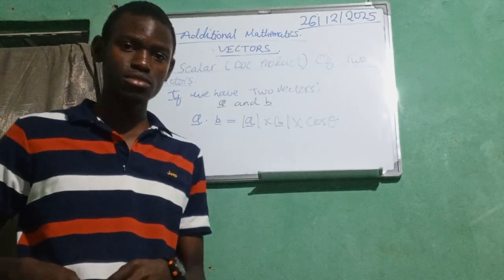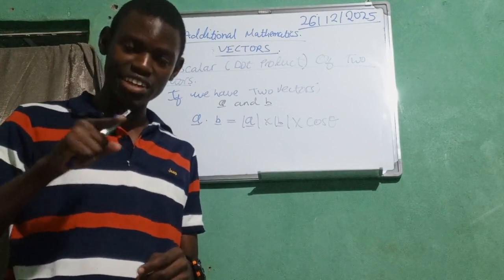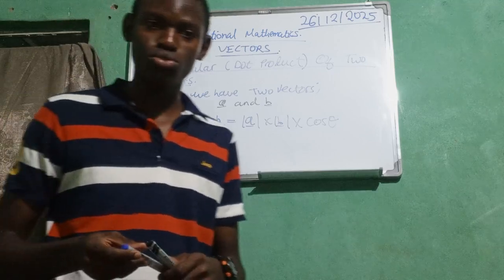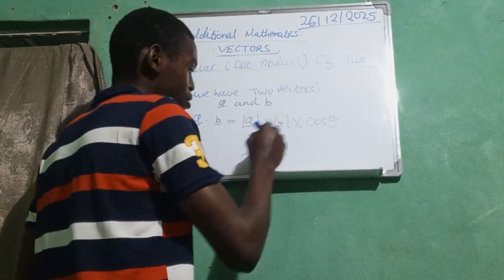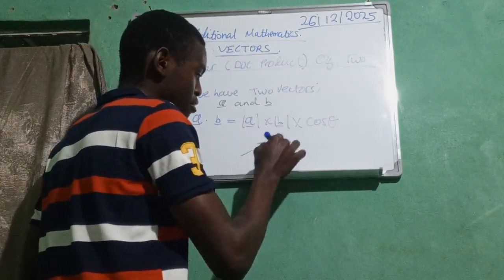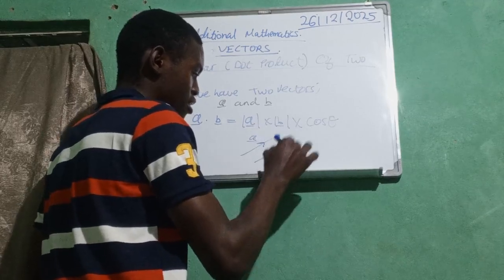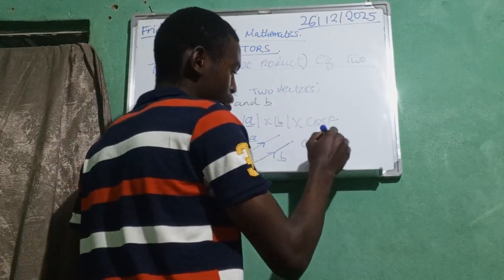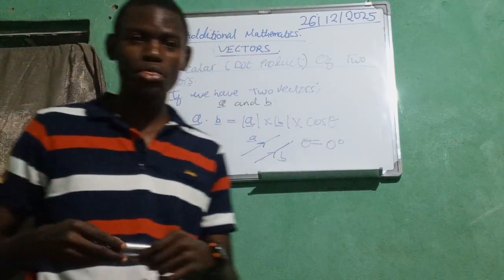Now, if they are parallel and in the same direction, for two vectors, vector A and vector B, theta is equal to 0 degrees. So there's something we need to know.